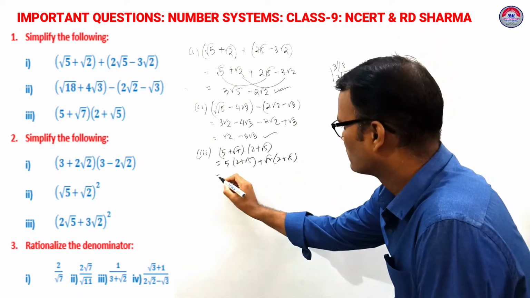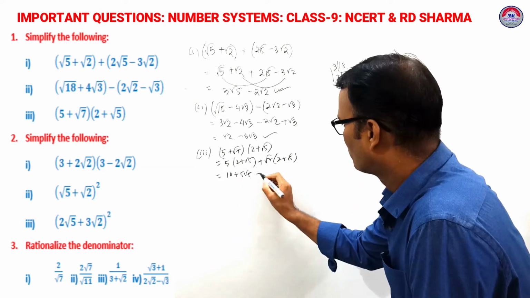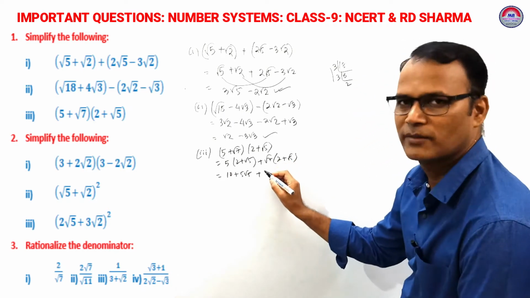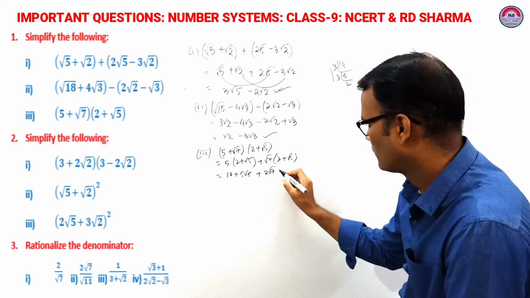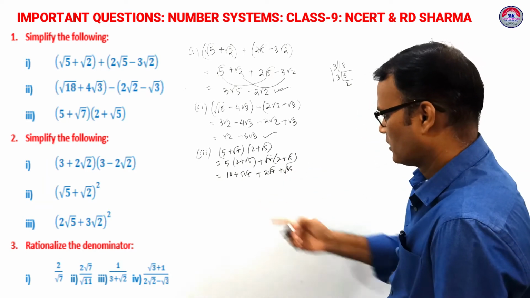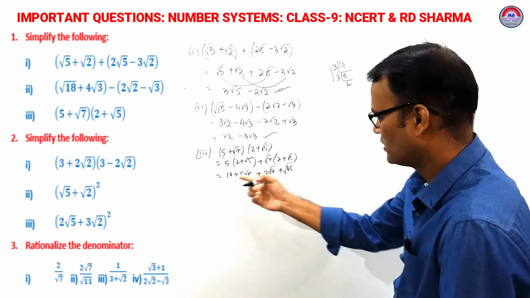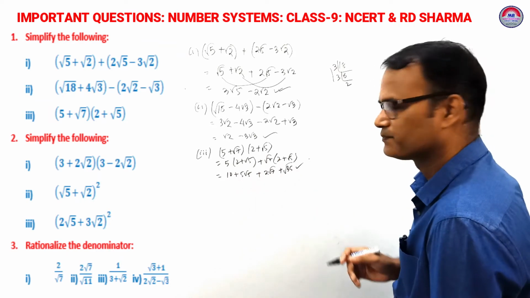Now, 5 into 2 is 10, plus 5 root 5, plus 2 into root 7, 2 root 7, plus root 35. Simple multiplication. All these are different, no like terms are here. So this is one answer. Clear?